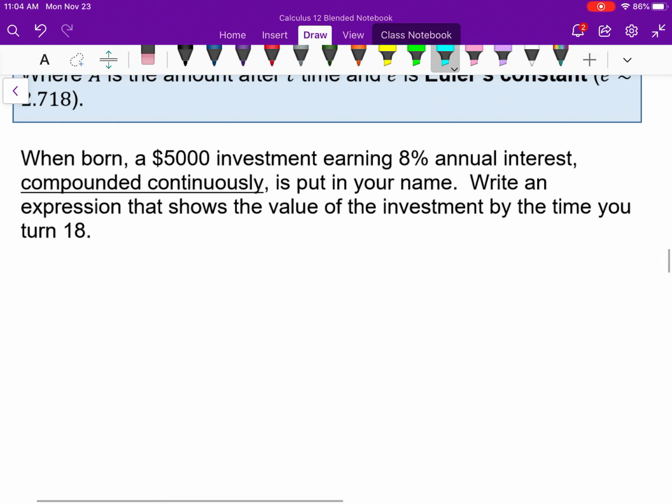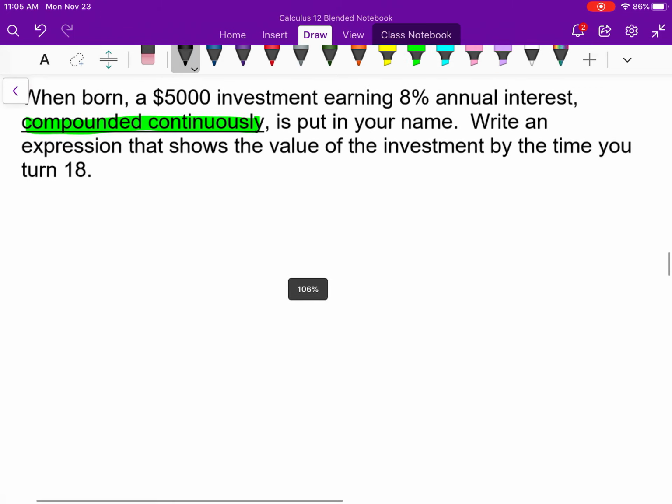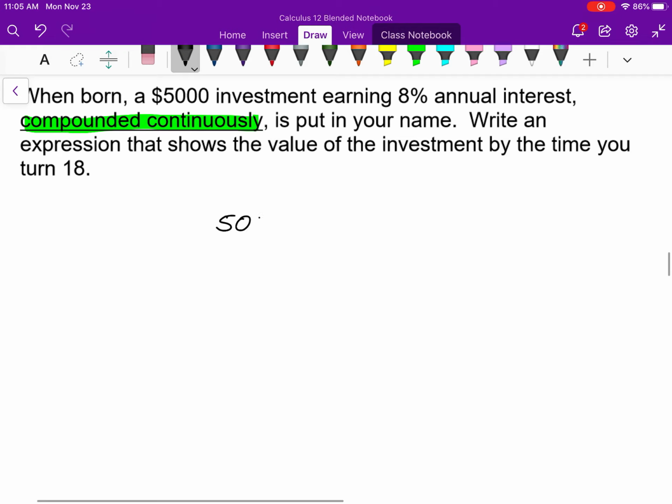So exact same setup, but now we have something that's compounding continuously. Which means, in some ways you can look at it like this. We have $5,000 times (1 plus 8%, that's 0.08, divided by n).